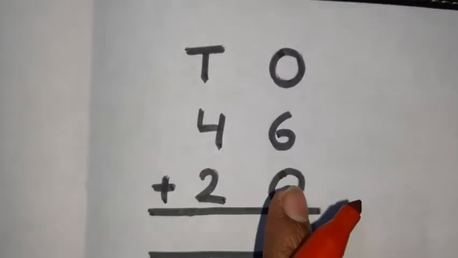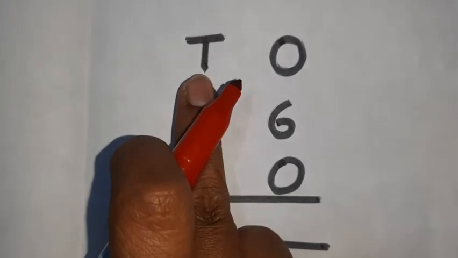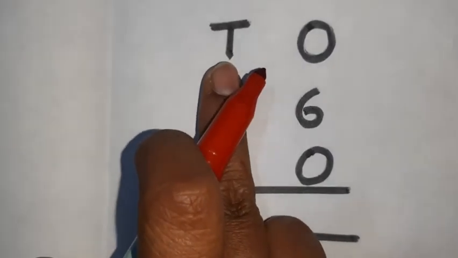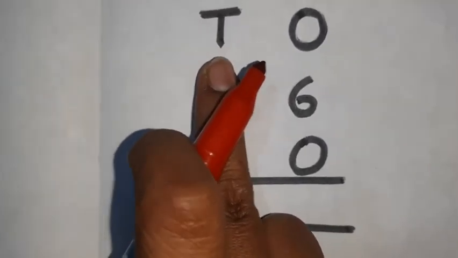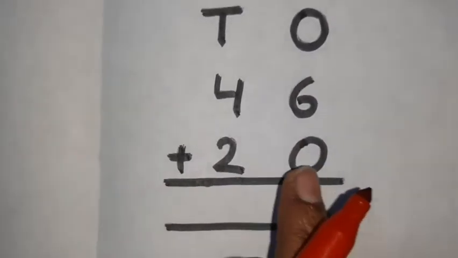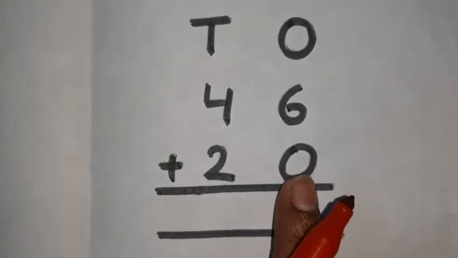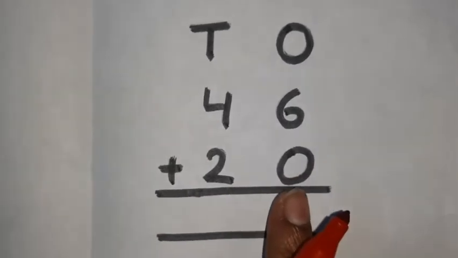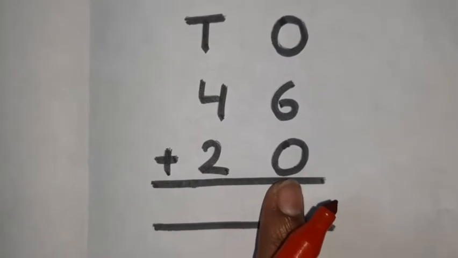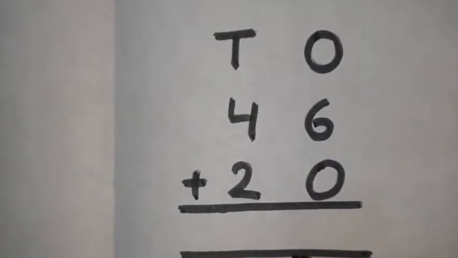In the same way, 0 below ones and 2 below tens. Now we will add which place first? Ones place. Very good. 6 plus 0 gives us, in 6 we are adding nothing. 0 means nothing. So what will it give us? It will give us 6 only.